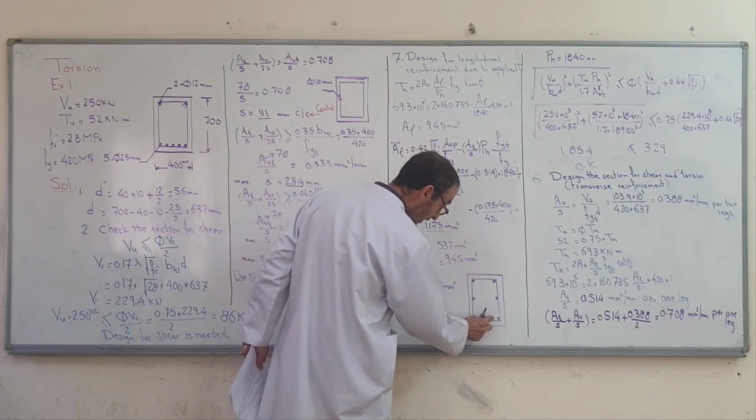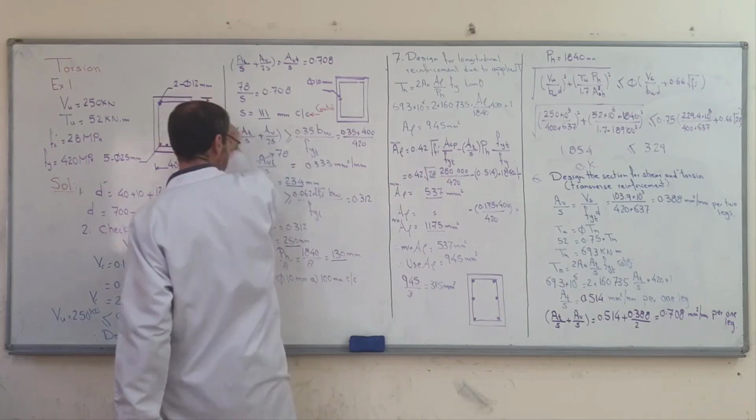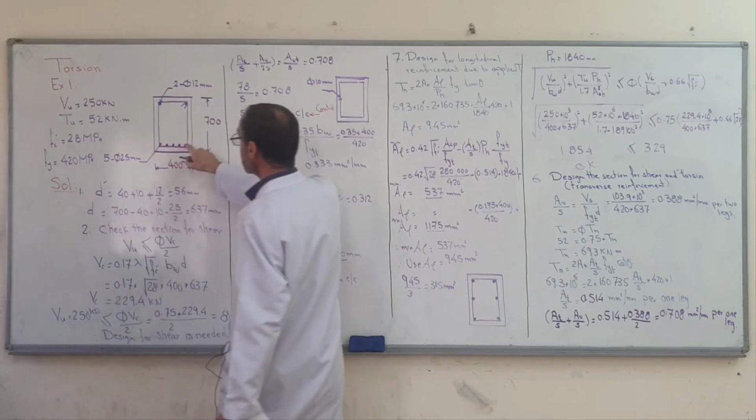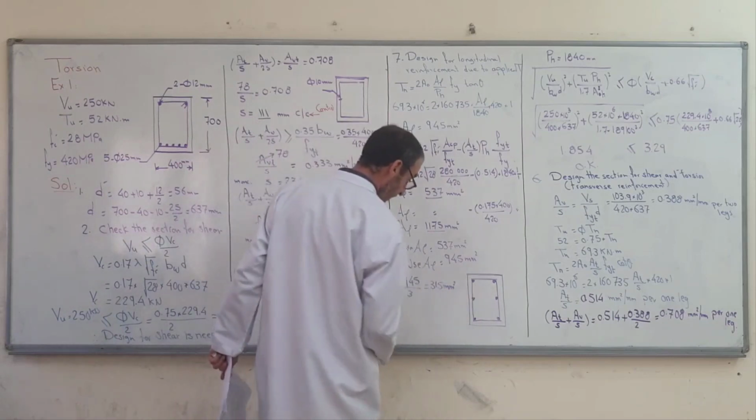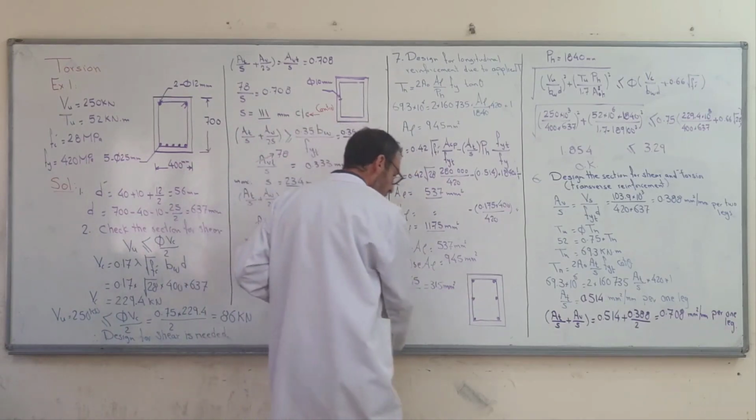315 at bottom. I added this reinforcement, the additional amount, in this way.